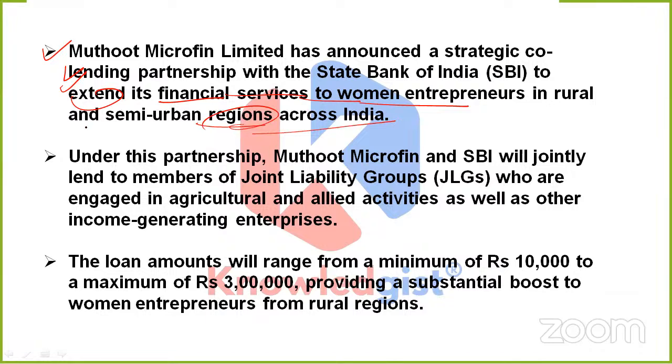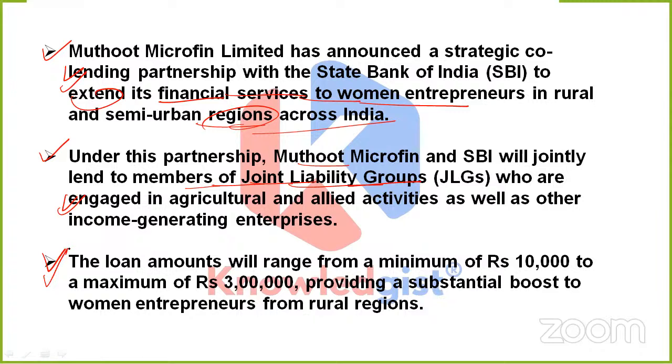And friends, if we talk about this partnership in a deeper manner, we would come to know that Muthoot Microfinance and SBI will jointly lend to members of joint liability groups who are engaged in agricultural and other allied activities as well as other income generating enterprises. So this is the basic scenario they are going to follow under this partnership.